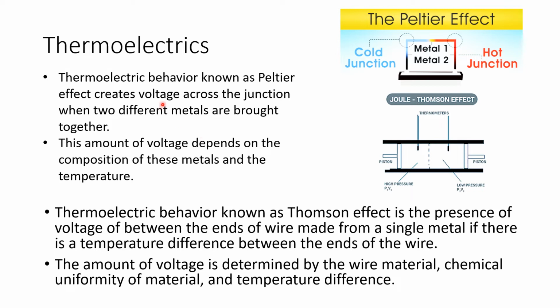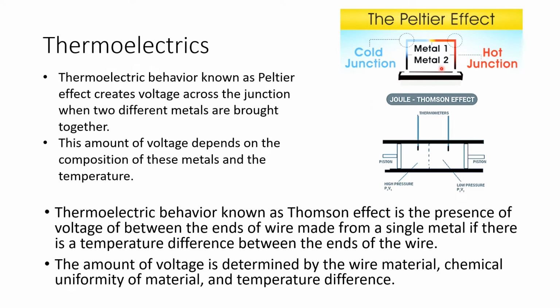So we get a voltage difference across the junction when two different metals, material here is particularly metals, are brought together. So you're going to bring one metal and a second metal and put them together. And every time you put two things together, you always have a junction. So we've got the voltage across the junction when you put the two metals together.